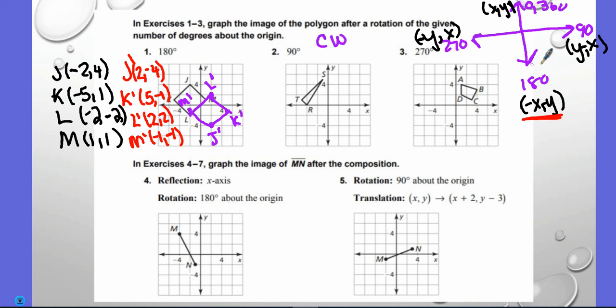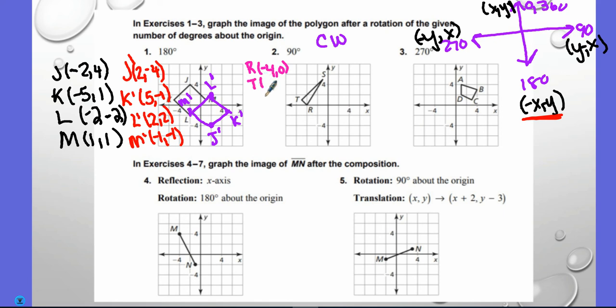Okay, so now we're going to say 90 degrees, and we're going to go clockwise. So we're going to go to the right. 90 degrees clockwise says to switch X and Y and take the opposite of X. So let me write down the ordered pairs first. That would give me R would be 2, 4, so negative 4 and 0.